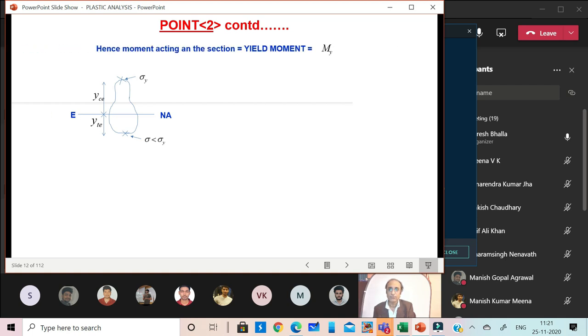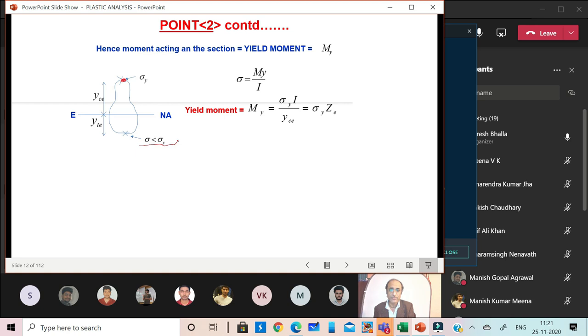So what we find is that we have reached here the yield moment, where the yield stress has come at the topmost fiber. At the bottom we still have stress less than the yield stress. So here we can find out the exact value of the yield moment.